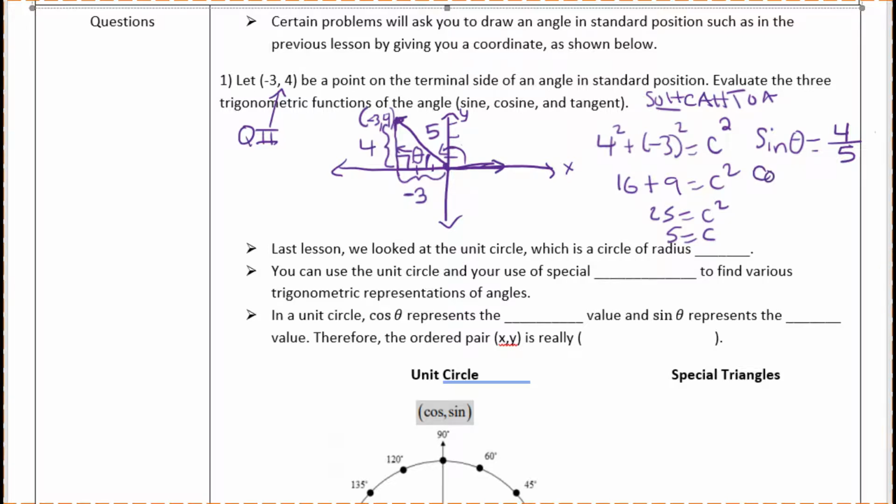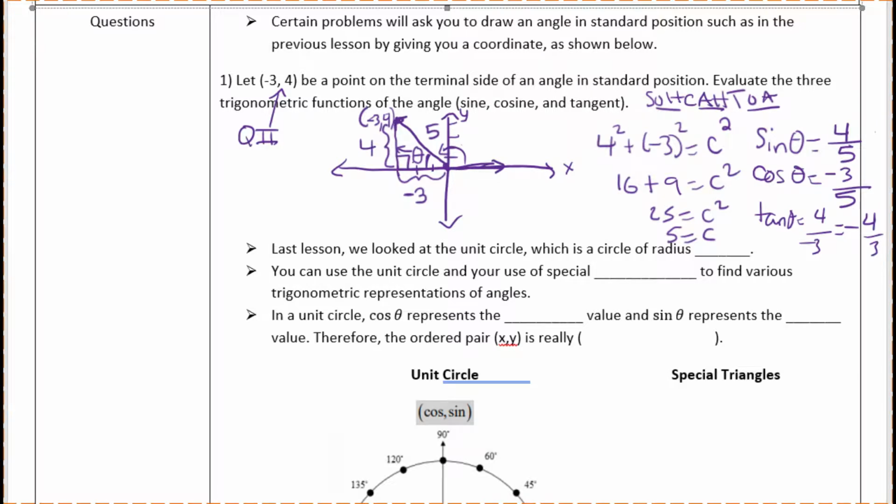That's sine. Cosine is adjacent over hypotenuse. So adjacent is the -3 side, and the hypotenuse is the 5 side. The last one, tangent, is opposite over adjacent. So 4 is opposite, and -3 is adjacent, and then we can rewrite it as -4/3.